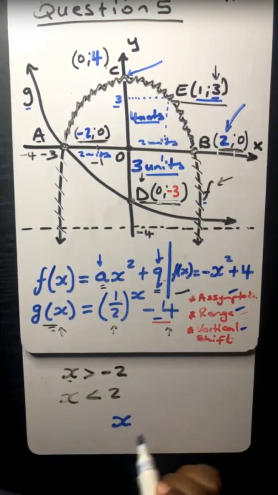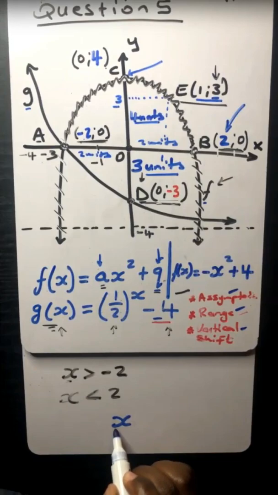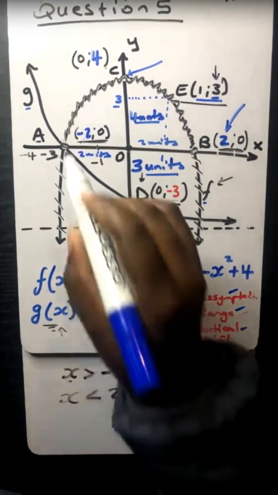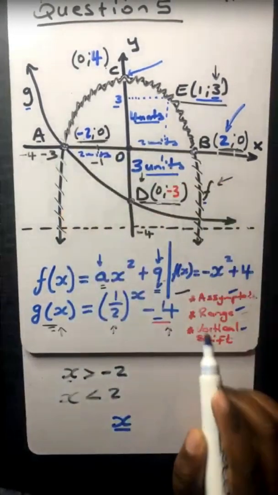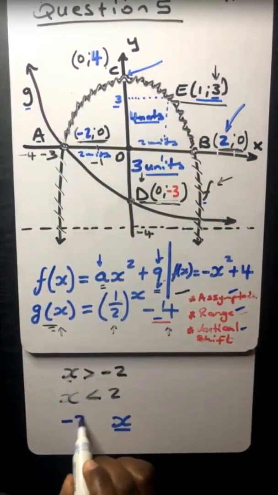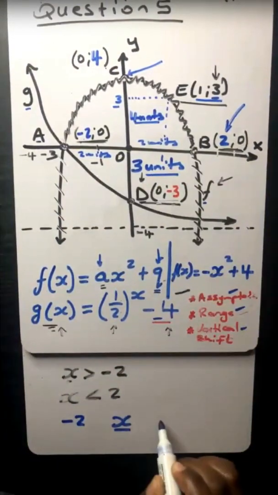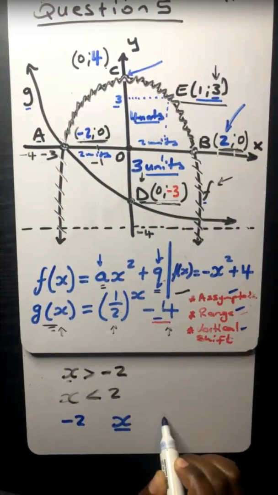So it's more like you are saying the x values are actually between -2 and 2. That is why on this side you write -2, and there you write 2.